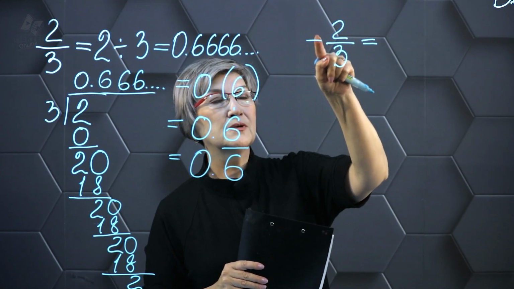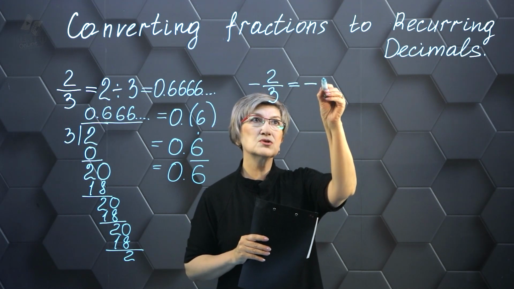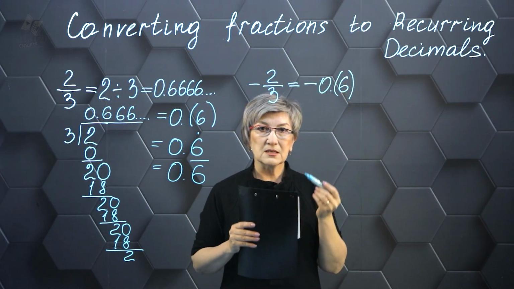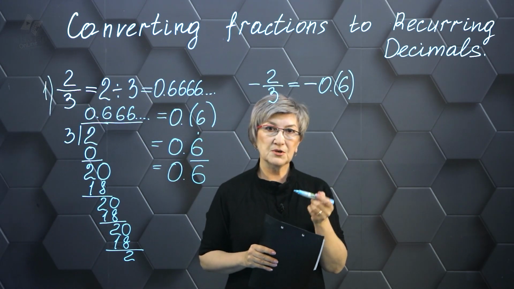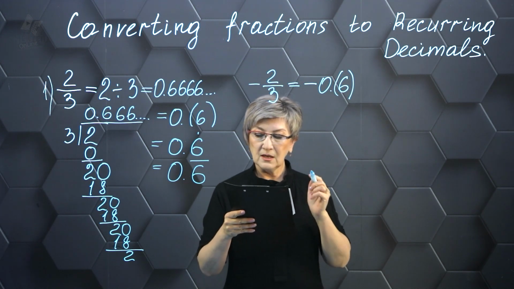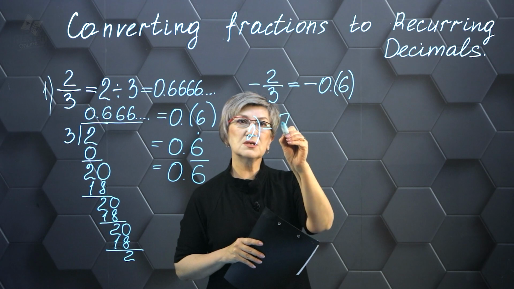The fractional number is preceded by a minus sign. The result is a number minus 0.6 in the period. Now let's look at another example in which we write a fractional number as a decimal periodic fraction. Let's write down the next example, minus 7/9.